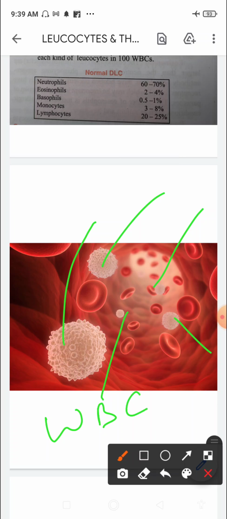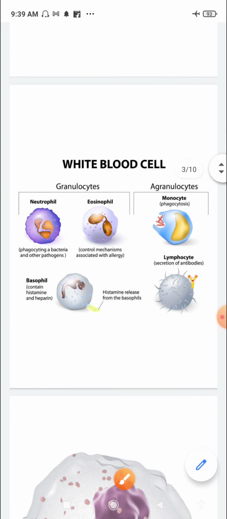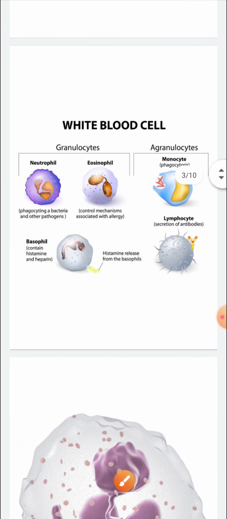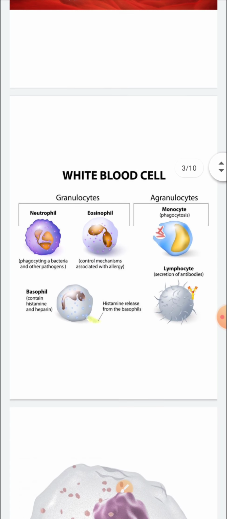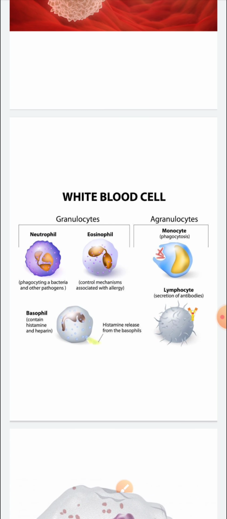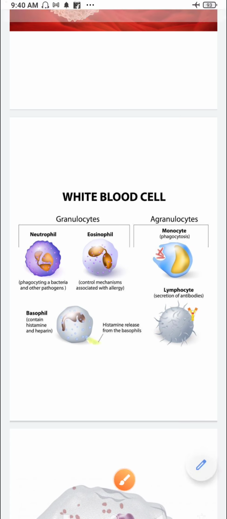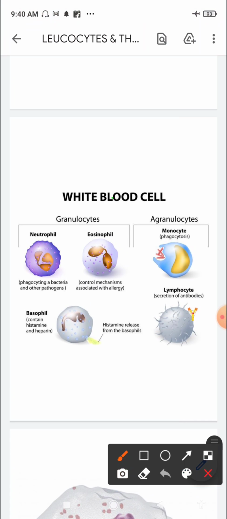Starting with the granulocytes, we first look at the division of the white blood cells, where we see that the white blood cells are of two types: the granulocytes and the agranulocytes. Granulocytes have granules inside them which are secreted by the cytoplasm, and they are divided into three types based on the stain they take up.